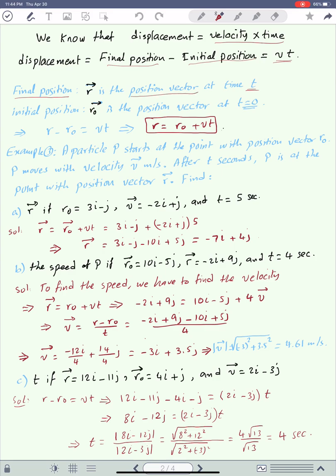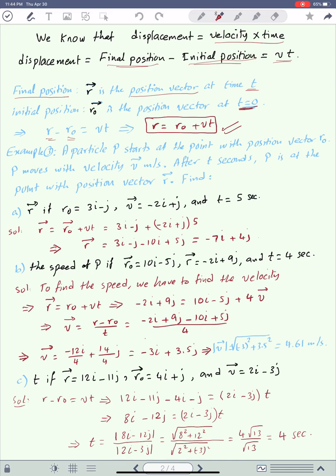Instead of saying initial position, r0 is the position vector at t0. So we may write, instead of final position minus initial position, r minus r0 is equal to vt. This is the formula that mostly we'll be using in the questions of vectors in the exams and the past paper problems.